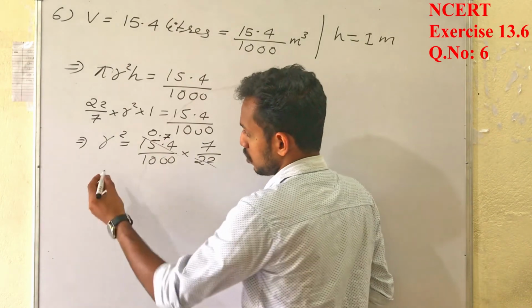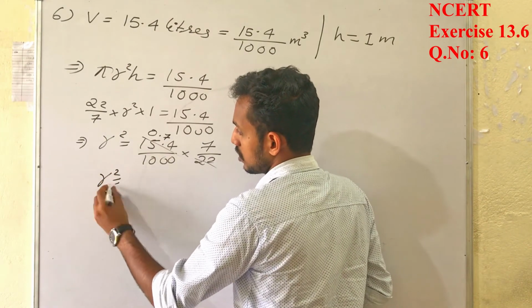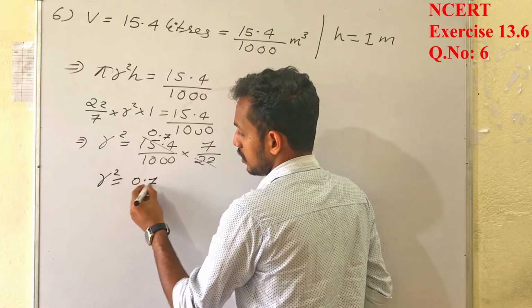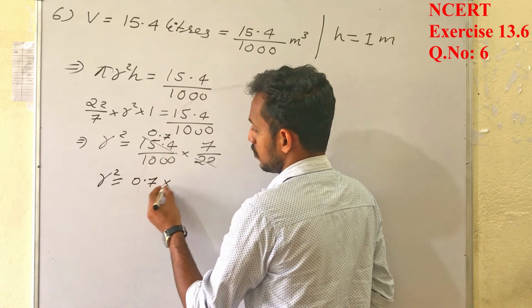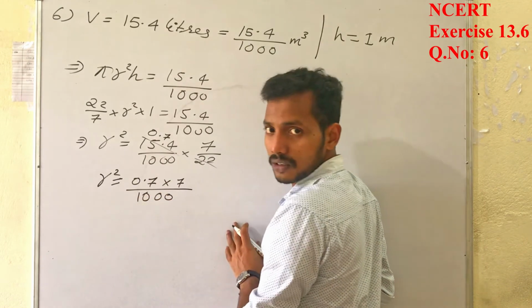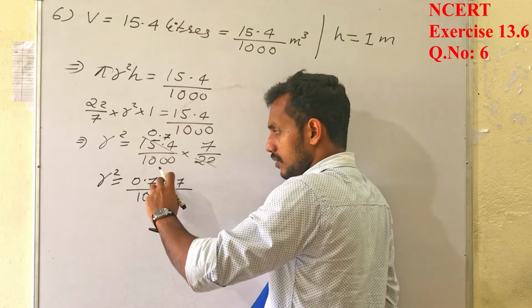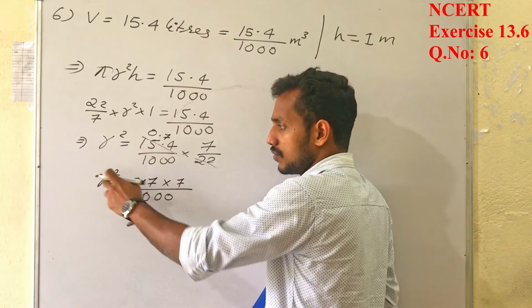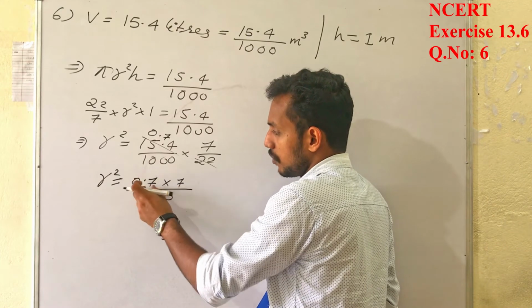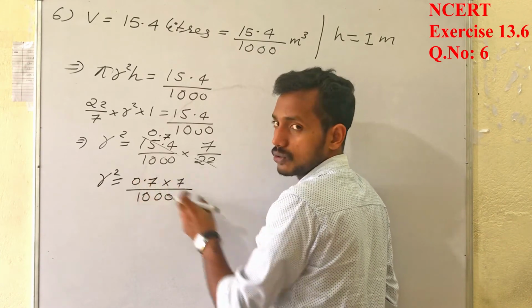Clear? So r square is equal to 0.7 into 7 divided by 1000. Here we can find the square root of this number by the long method, but it is better to make it a pair of two numbers.